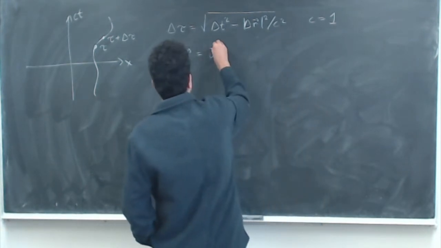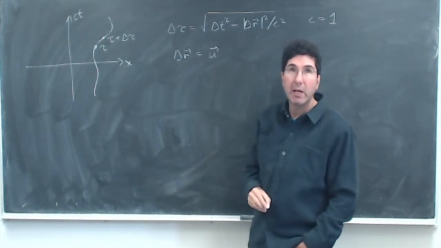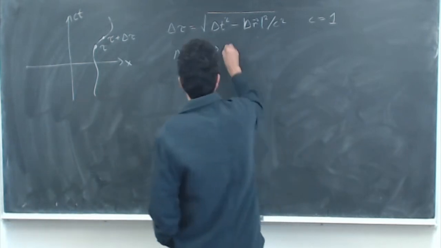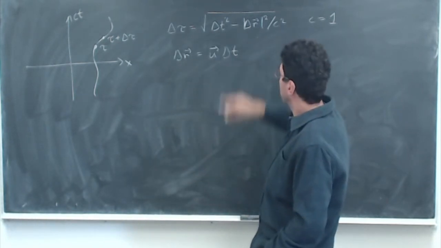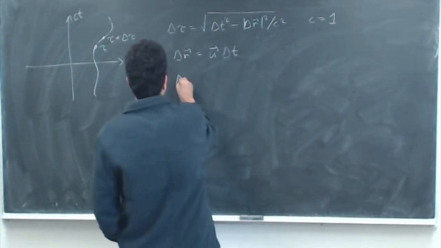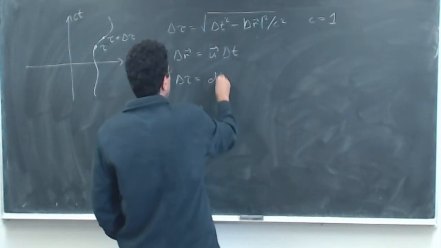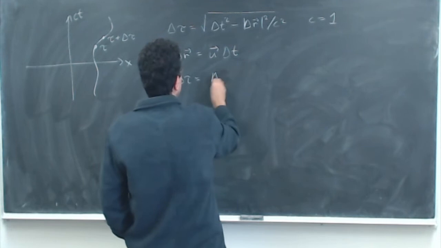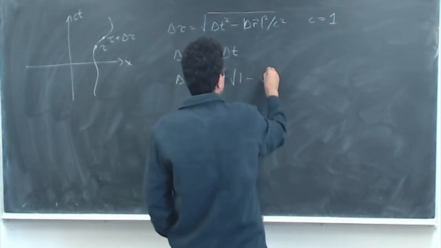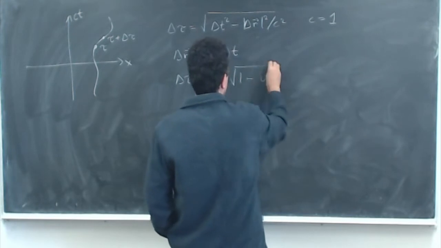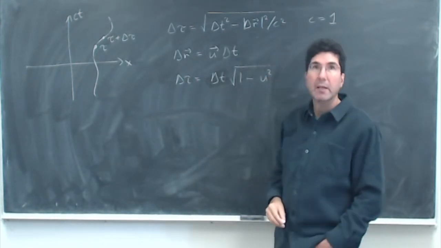We'll denote the ordinary 3-velocity by u. So this is u delta t. If we plug this in here, what we get is that delta tau is equal to delta t times the square root of 1 minus u squared. I'll just write u squared. There we go.